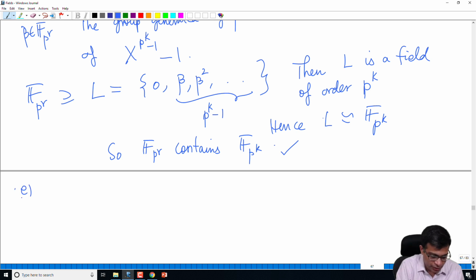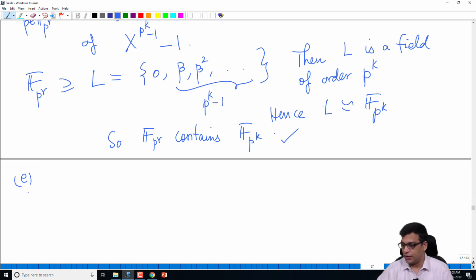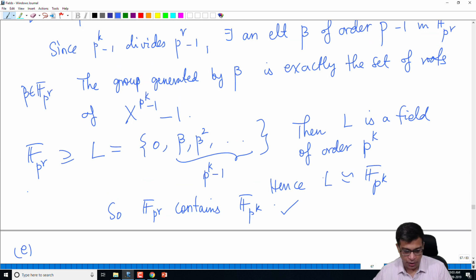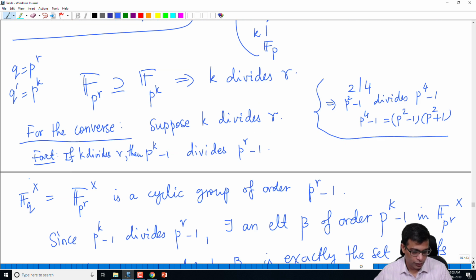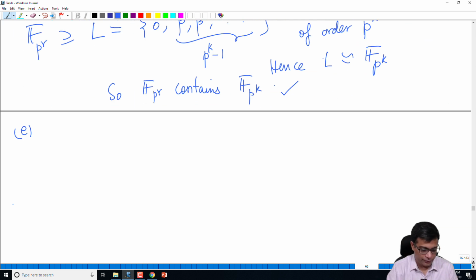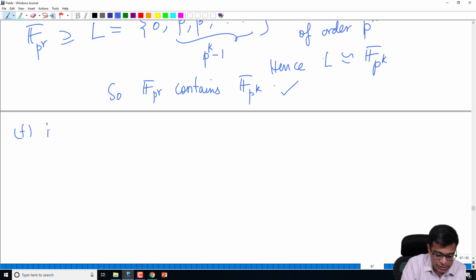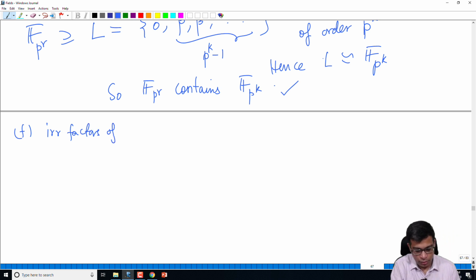Okay, so this is part D. So finally, let me quickly prove the final part, part F. This is about the irreducible factors of x power q minus x in Fp[x].